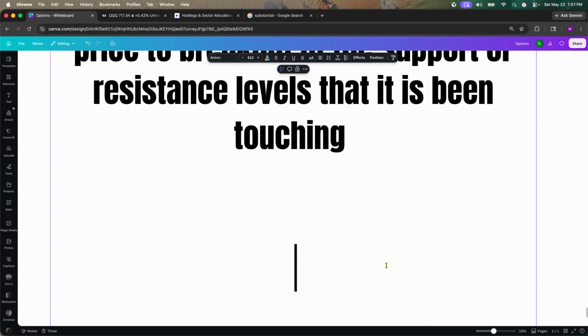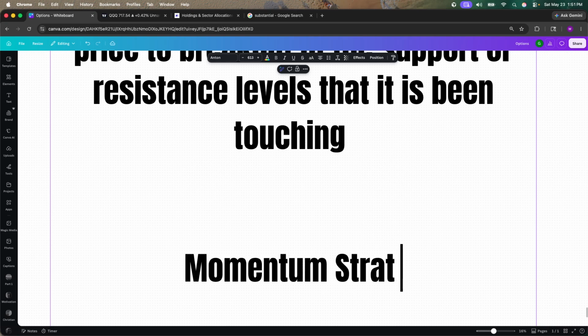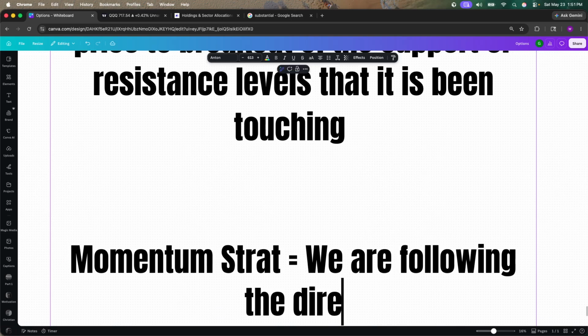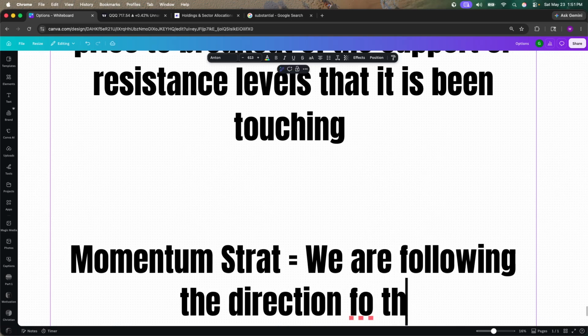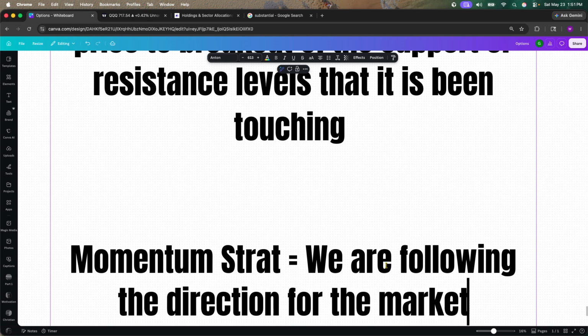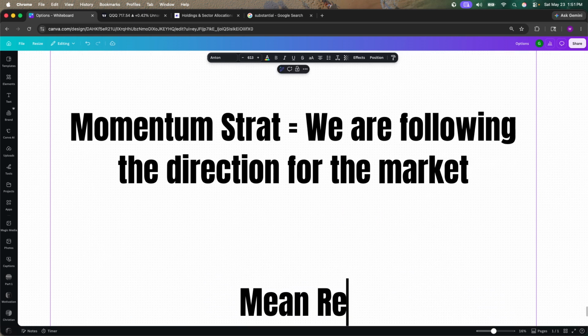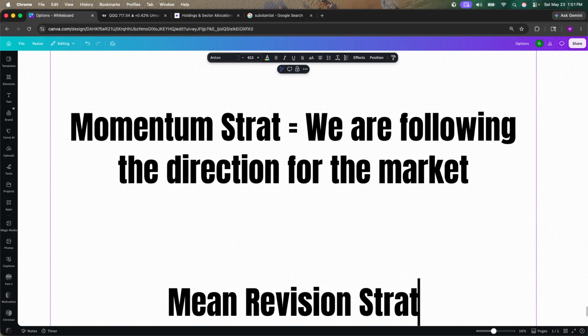Then we have a momentum strat, where we are following the direction of the market. Then we also have our mean reversion strat.